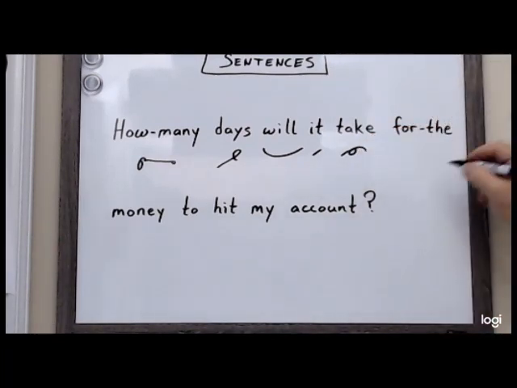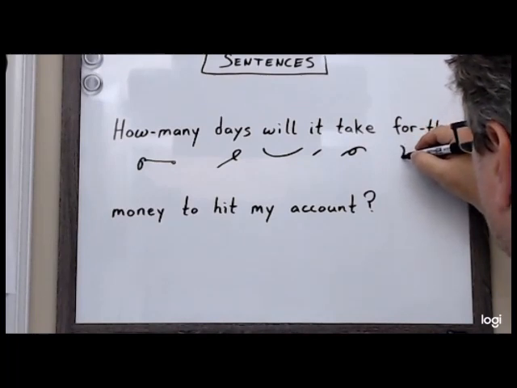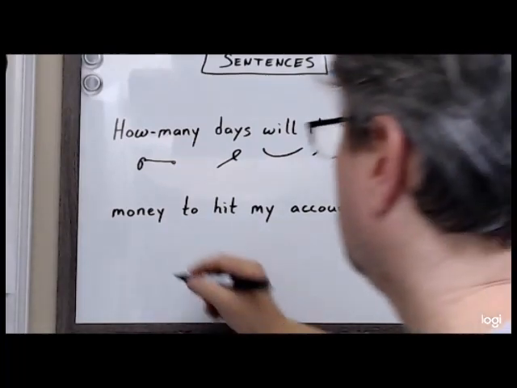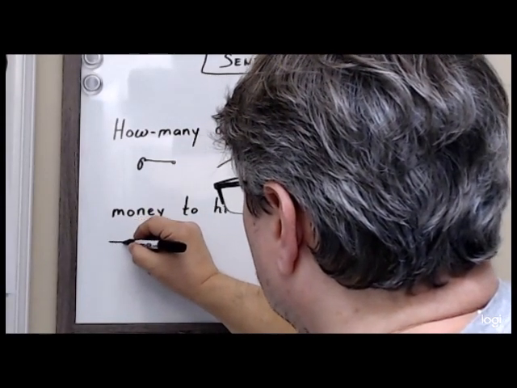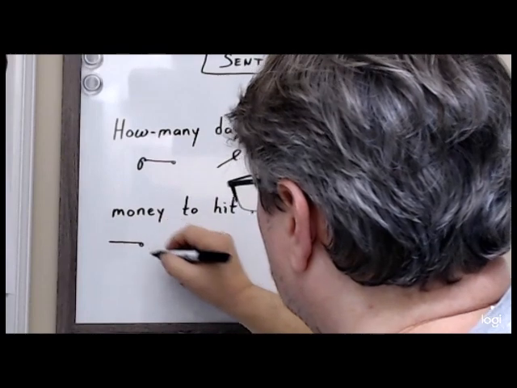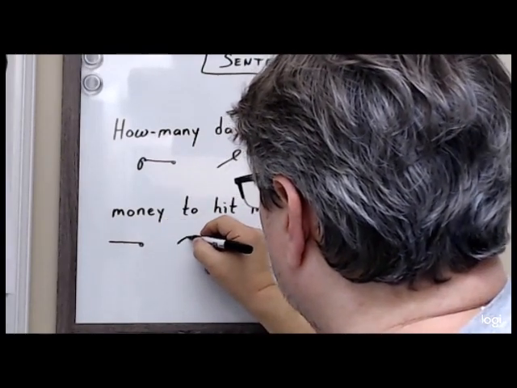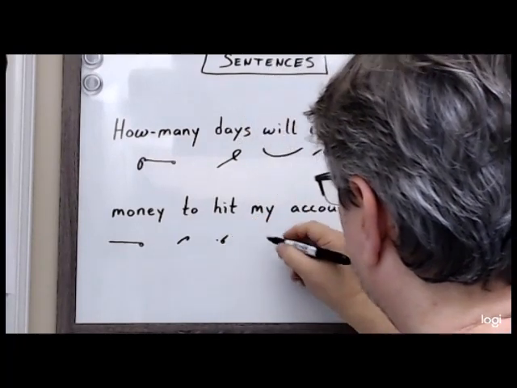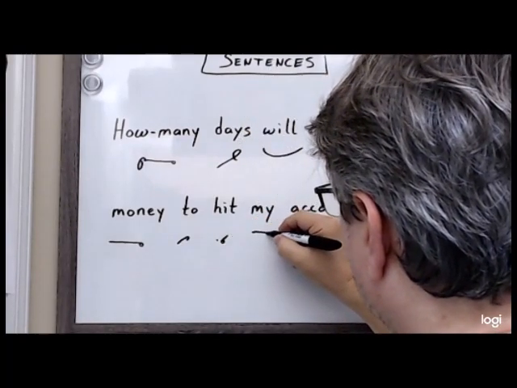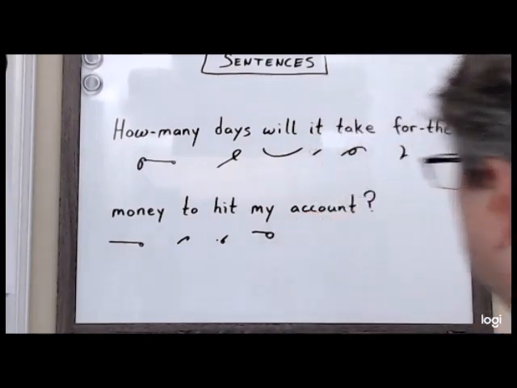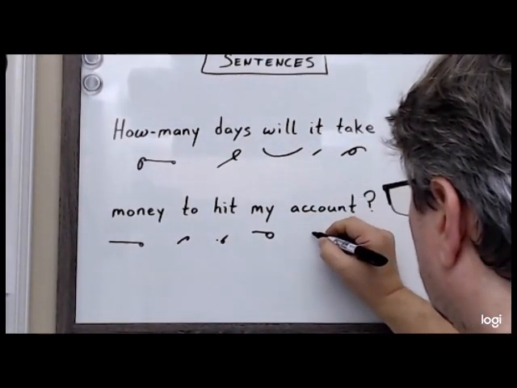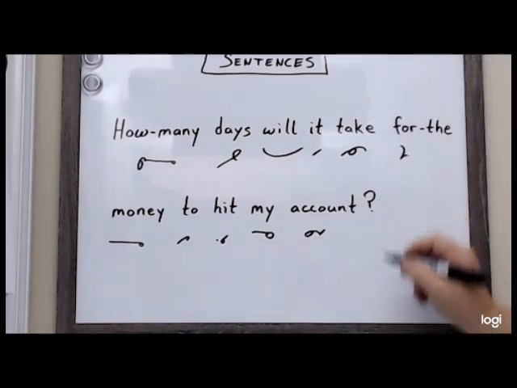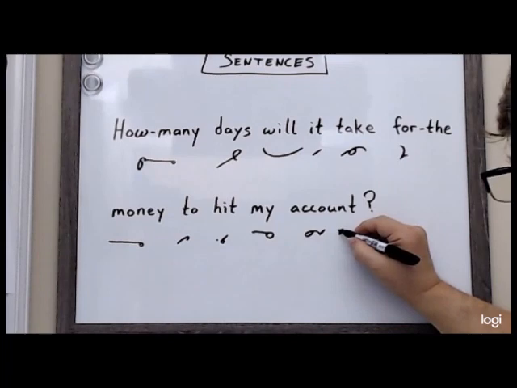For the short form, F for the word for, then TH for the word the. Money uses the MEN stroke, then the E. To is TU. Hit is an H, short I-T. My is represented by the M in the large circle A. Account, the short form, A-K-T. The question mark is represented by the X at the end of the sentence.